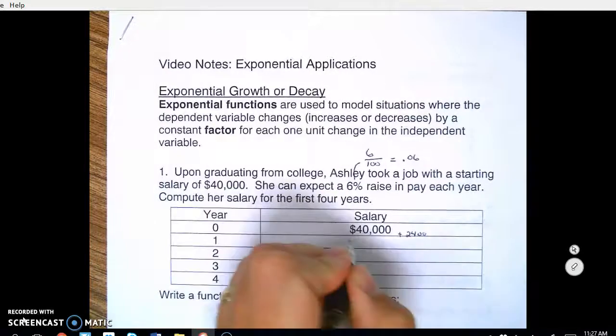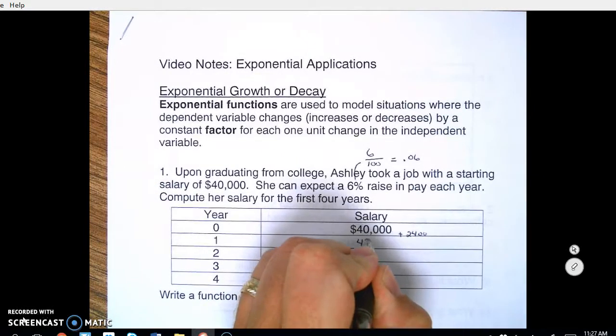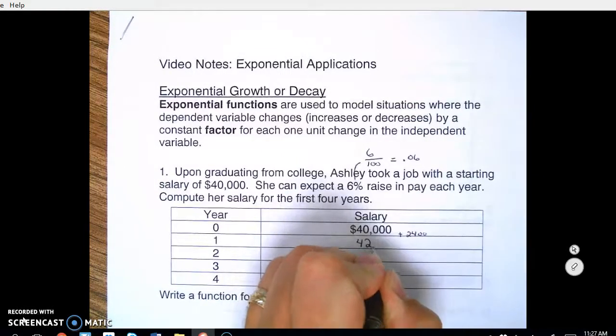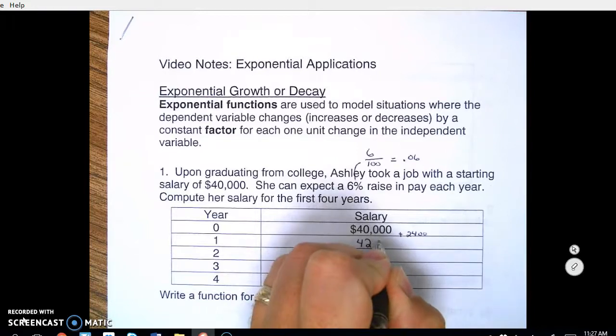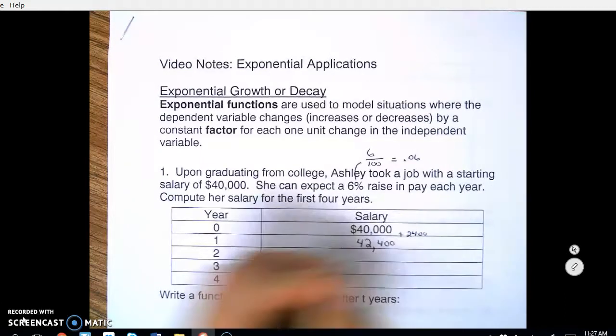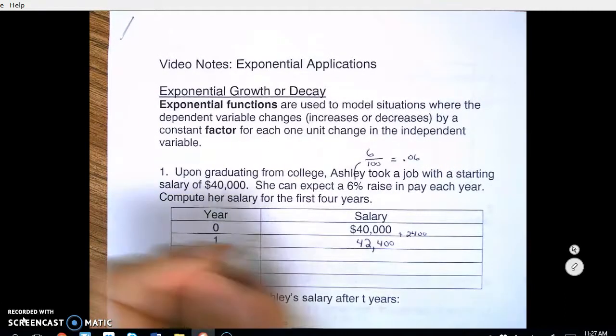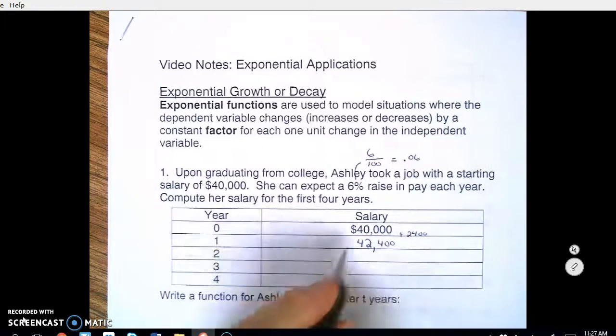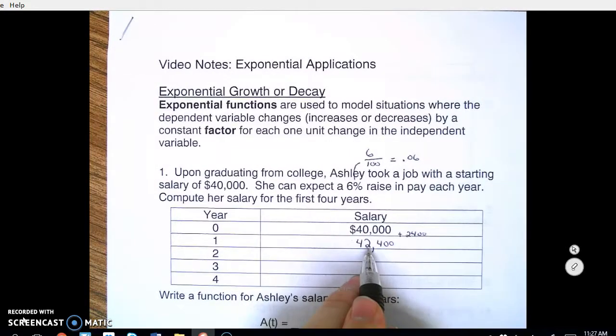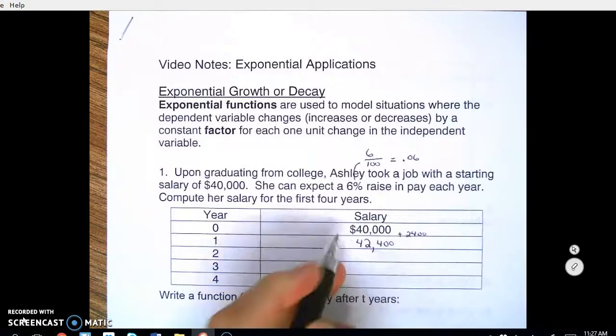So her salary for the second year is $42,400. Okay? So again, we're going to take $42,400 times 6%, and we're going to add that to $42,400.